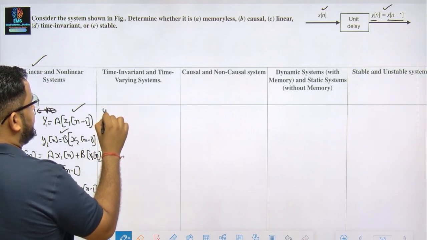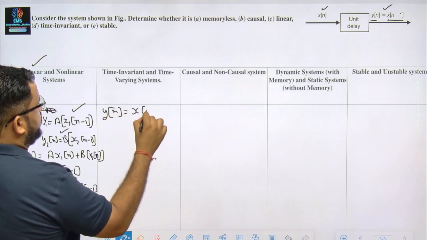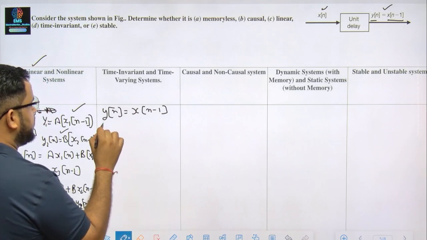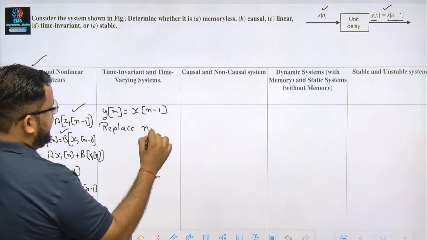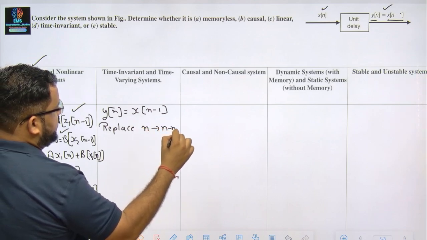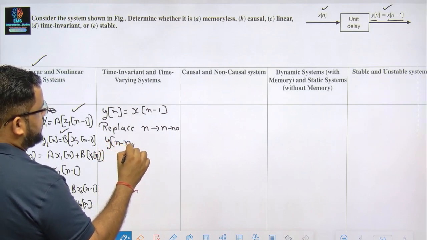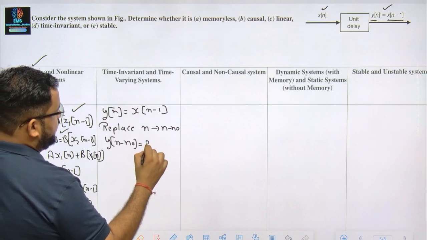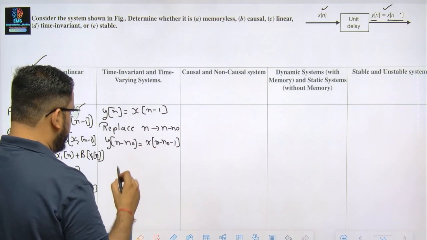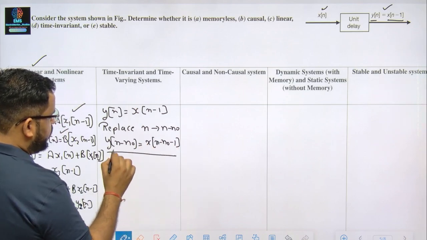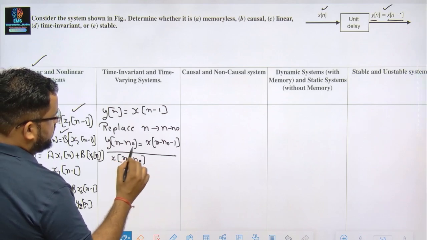Now time variant and invariant. Let us say y[n] is nothing but x[n-1]. Replace n by n-n0. What do I get? y[n-n0] will give me x[n-n0-1]. Now, on the input side, feed x[n-n0] to the system.